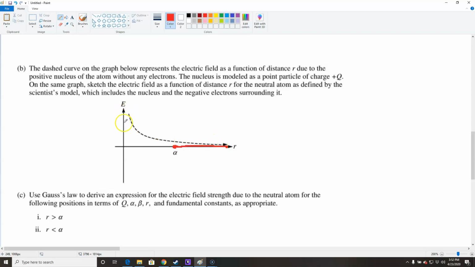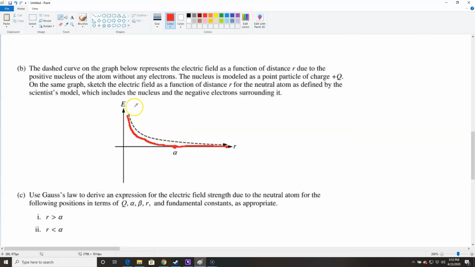Now, compared to the electric field created by just the nucleus, if I include the electrons, my line should be below what it would be if it was just the nucleus.